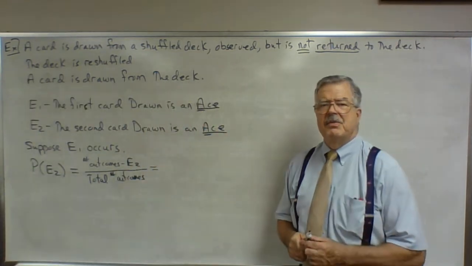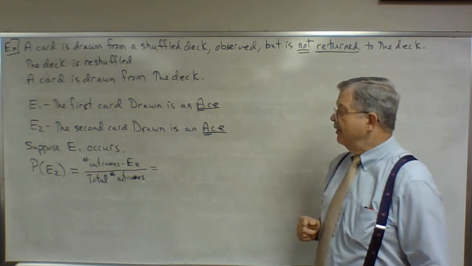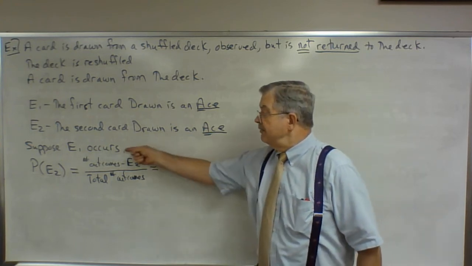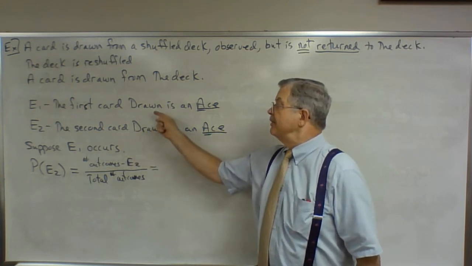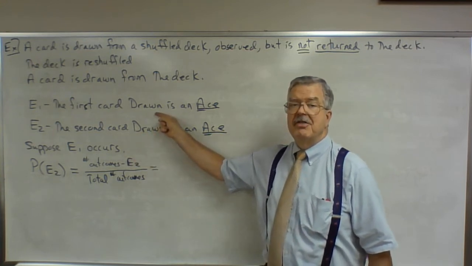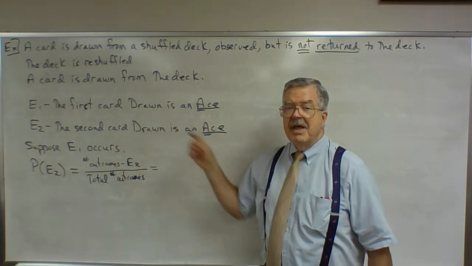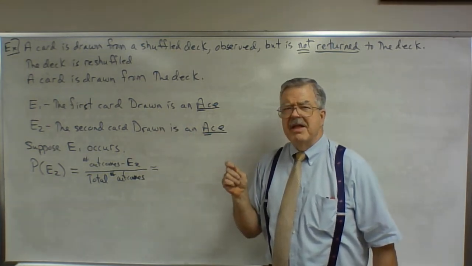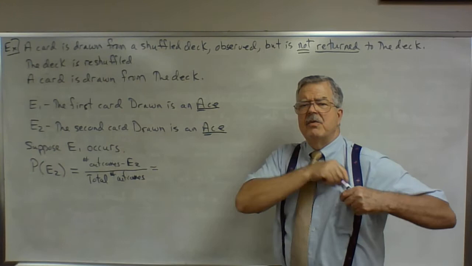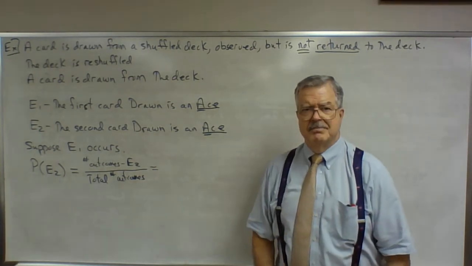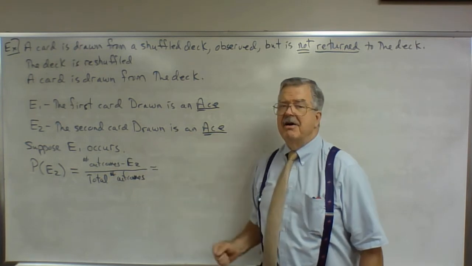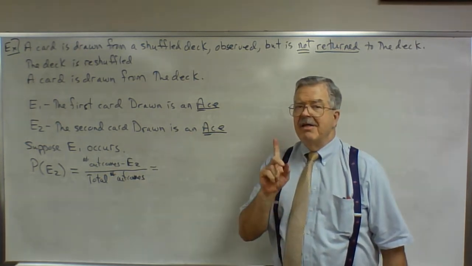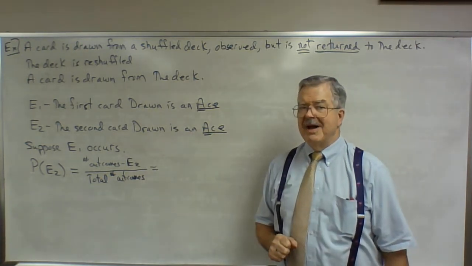E2 is the event that we get an ace on the second draw. And we're assuming that E1 has occurred. In other words, we're assuming that the first card that we drew was an ace. And we took that card, and instead of returning it to the deck, we put it in our pocket. So when we select the second card, that first card that we drew is not in the deck.